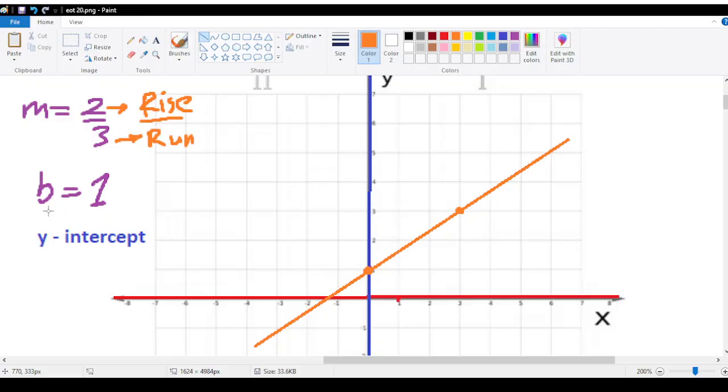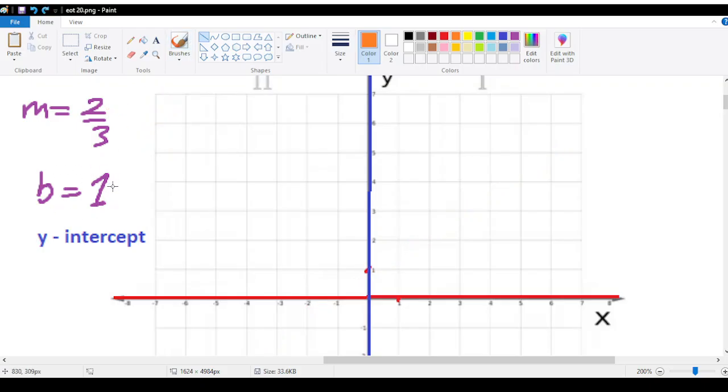Yes. So I'm going to repeat what I've done. First of all, we need to find the slope and y-intercept. Then we will apply them. Apply the y-intercept first, like this. First, you will find the y-intercept and the slope from the equation. After that, you will first find the y-intercept. What's the y-intercept in this case? 1. So you will put a point on the 1 on the y-axis.